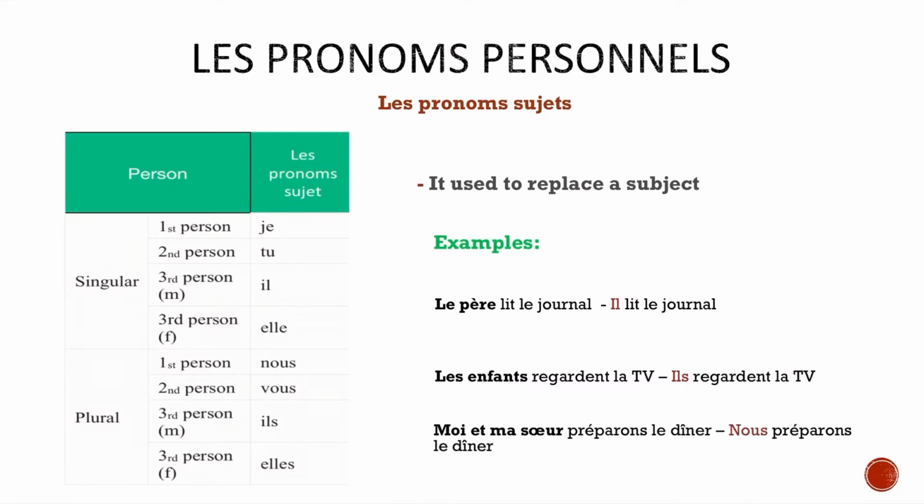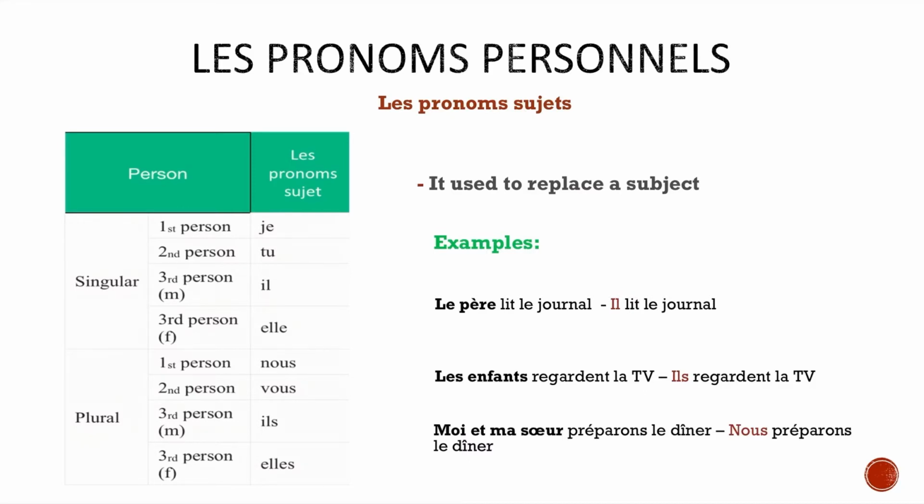The last example is moi et ma sœur préparons le dîner. Moi et ma sœur means me and my sister. We can replace it in English with we, and we in French is nous. So the sentence will be nous préparons le dîner. I think les pronoms personnels sujets are very easy.